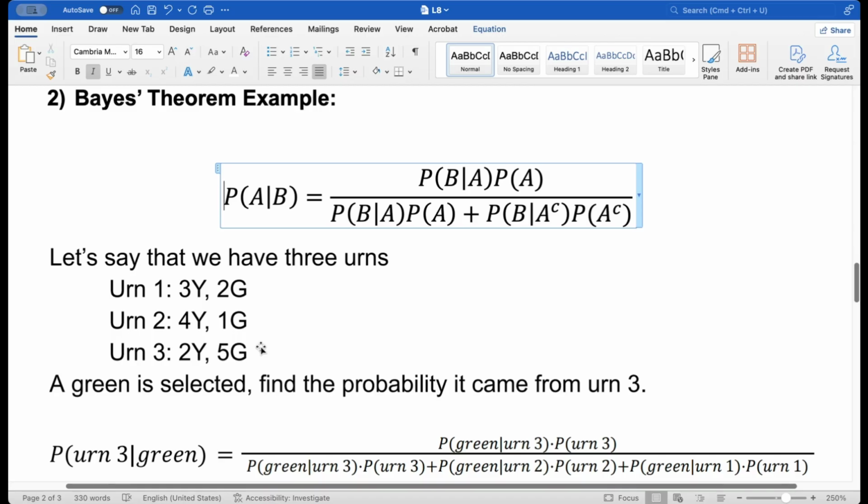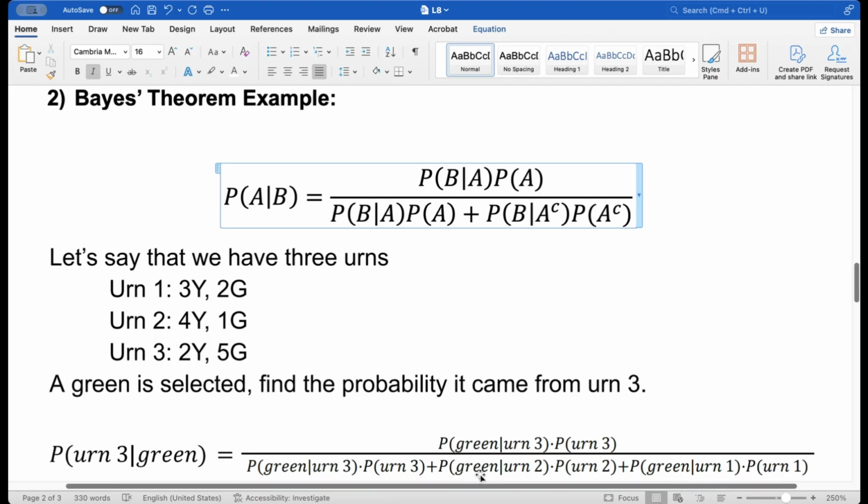And so using Bayes' theorem is going to be helpful because turning that around to the probability of a green given that urn 3 was used is a lot easier to calculate. If we know we're in urn 3, we can figure out the probability of green. It's 5 ways to get a green out of a total of 7.